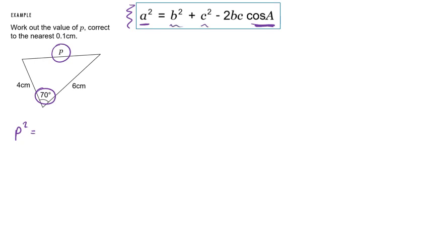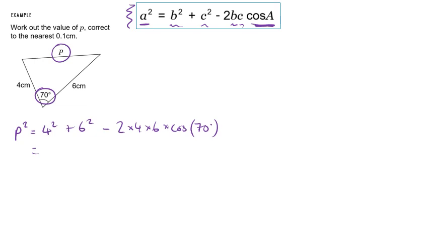It doesn't matter the order we put them in. So 4 squared plus 6 squared. Take away two lots of b times c, so 2 times 4 times 6 times cosine of the angle opposite the side we're trying to find out, which is 70 degrees.